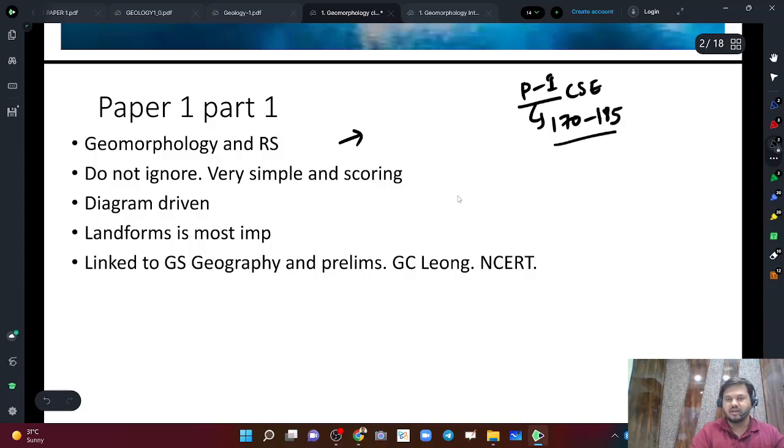Last year many students crossed the 180 marks barrier. And in paper 2, good students generally score somewhere around 140 to 155.